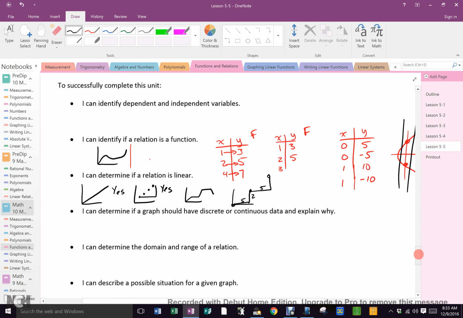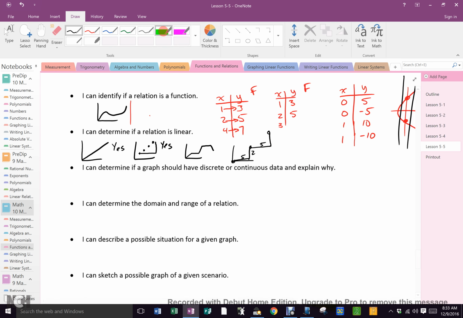Discrete or continuous data, and explain. This causes trouble. Do you understand the difference between discrete and continuous data? Yes or no? I get $20 from my grandma every birthday.